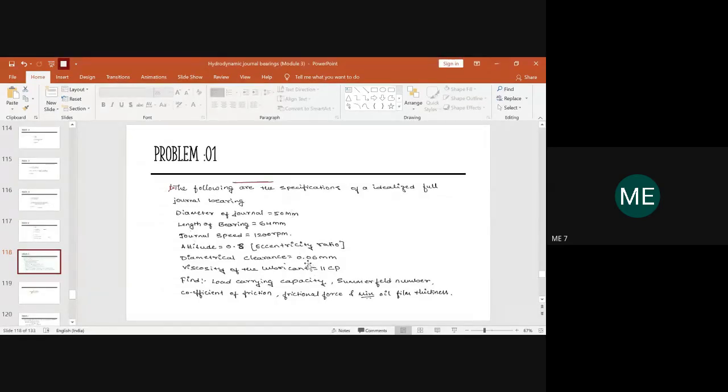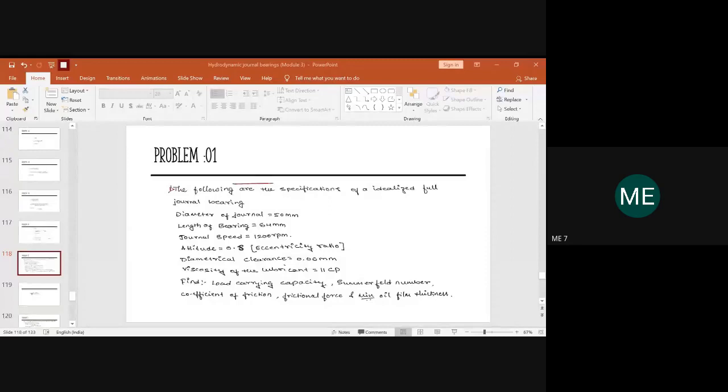So it should be 0.06 divided by 50. How much is the value you are getting? 0.0012. Did you multiply by 10 raised to minus 3? Yes, ma'am. Above and below both get cancelled.